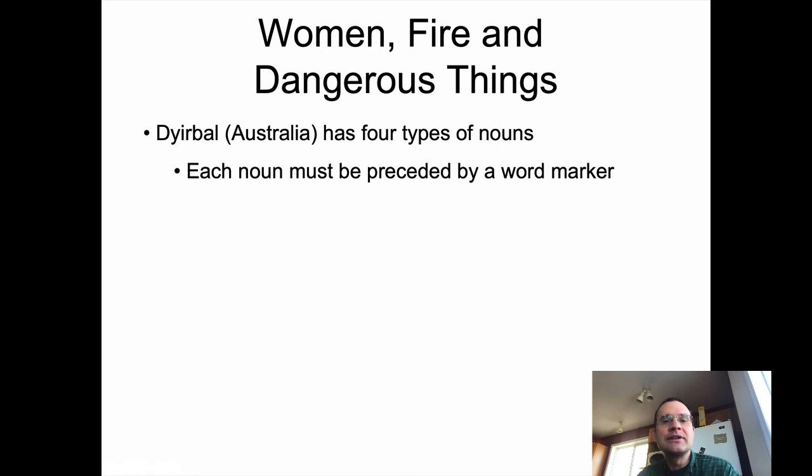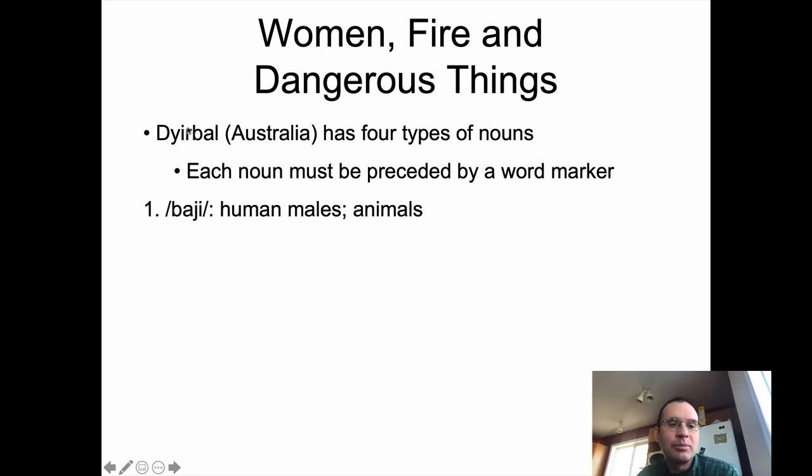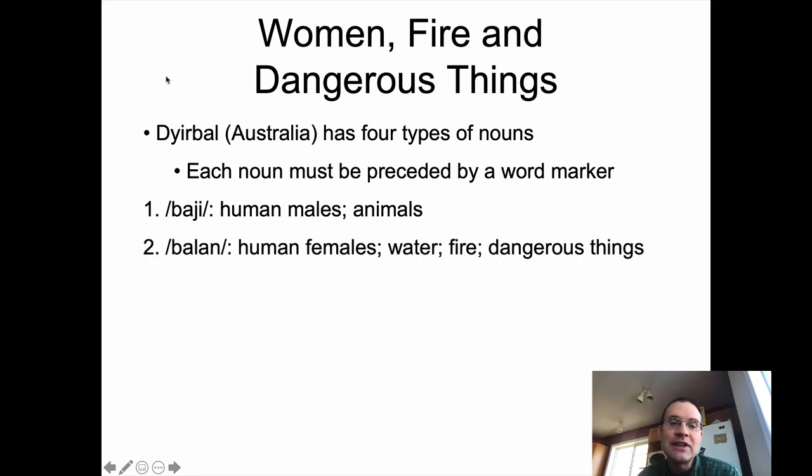So in Dyirbal, each noun must be preceded by a word marker. So I'll give you how the world breaks down in Dyirbal. Bayi is the noun marker for one class of nouns, and this refers to human males or animals. The second class of nouns is Balan. This is human females, water, fire, or dangerous things. So women, fire, and dangerous things basically make a whole category of things in the world in this language.